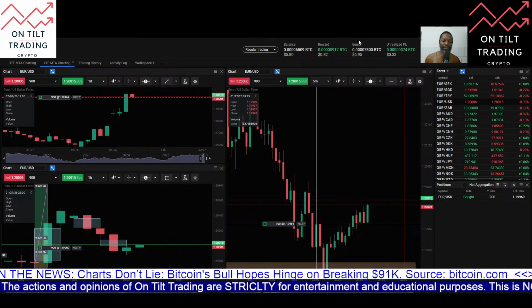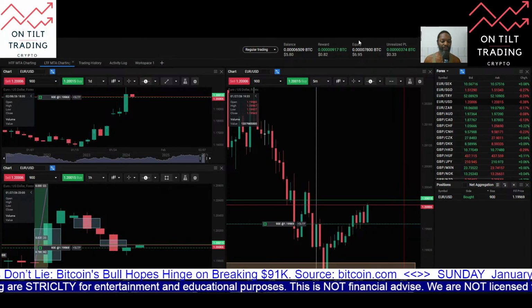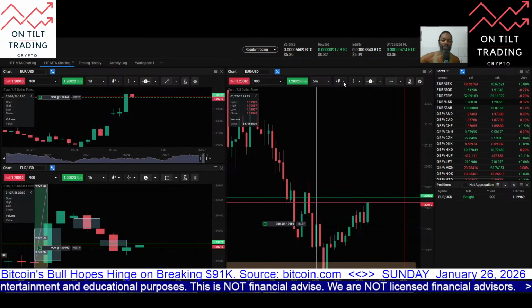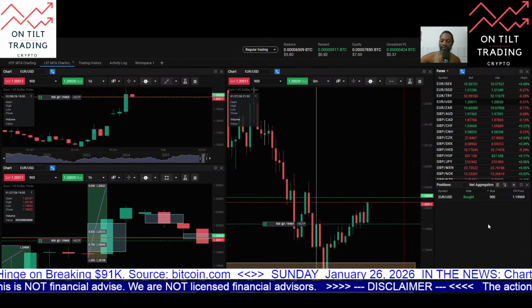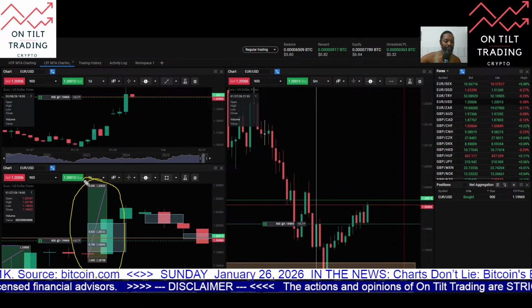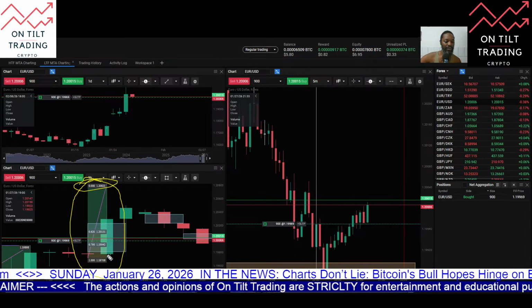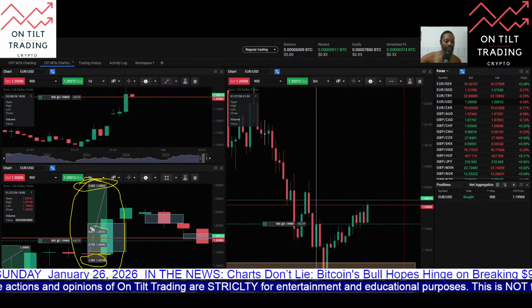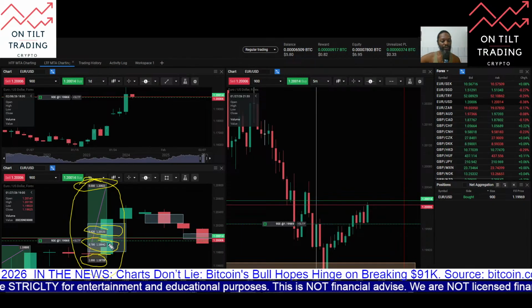So this is the OTE, or the optimal trade entry. If you see the Fibonacci tool here, the levels are at 0 and at 1, and then at 62 and at 79%.